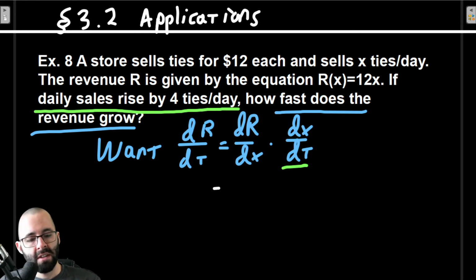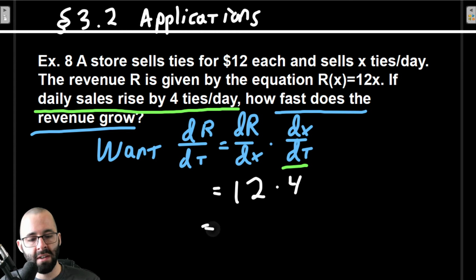So let's look at this. The derivative of r with respect to x is just 12. The derivative of x with respect to t, that's the rate of change. How does the number of sales change over time? Well, it's growing by 4. It's growing, so it's a positive 4.